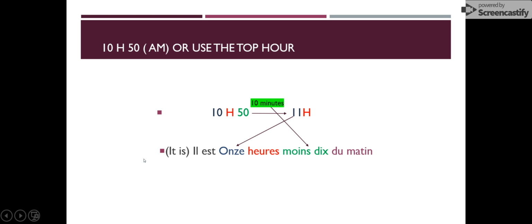In 10 minutes, it will be 11. So either you write il est 10h50 or you use the top hour. Il est 11 heures moins 10 du matin. You have to be very careful. You only use the top hour starting at 40 minutes. It's very common to have people using the top hour after the 40th minute or beginning at the 40th minute.